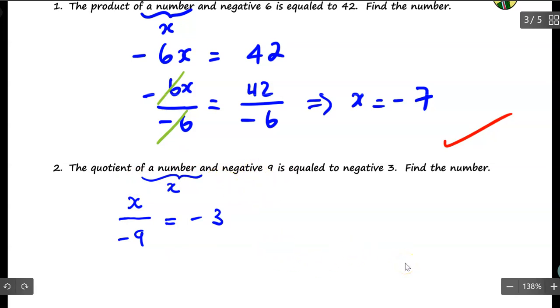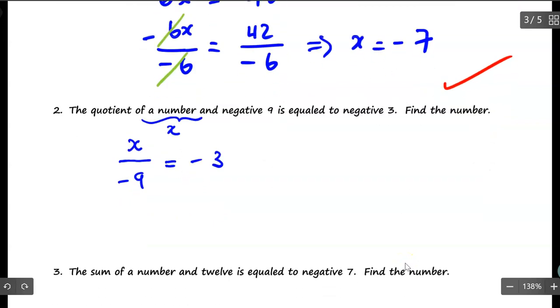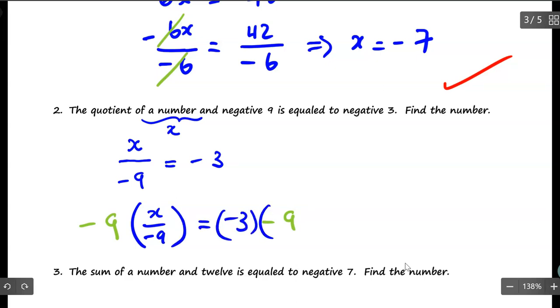Okay, so in solving for this, I will multiply both sides by negative 9. Okay, we multiply both sides by negative 9.